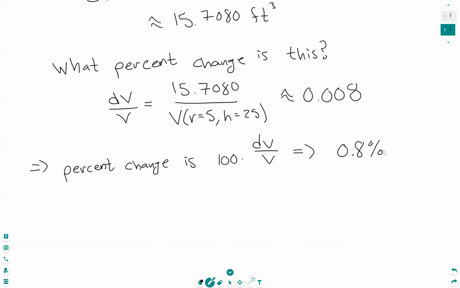So by subtracting just a little bit of height and adding an even smaller amount to the radius, I increase my total volume by 0.8%.